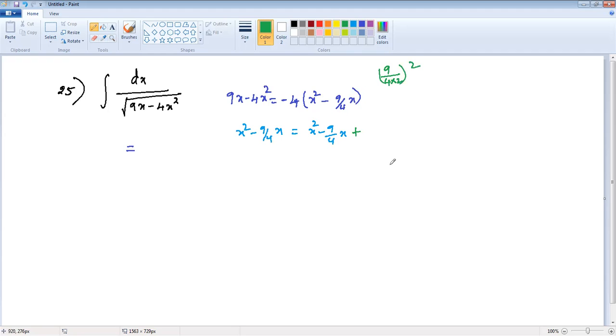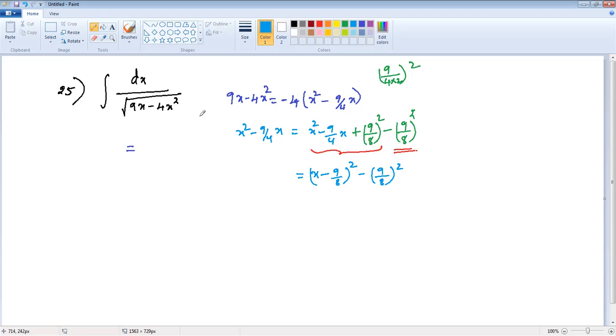So you have to add 9 by 8 the whole square and subtract 9 by 8 the whole square. So we'll be simplifying by combining the first three and the last one separately and then find the answer. You will be getting x minus 9 by 8 the whole square minus 9 by 8 the whole square.